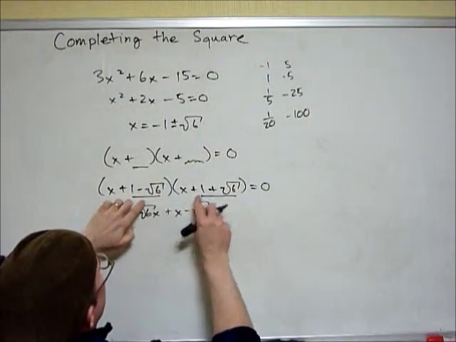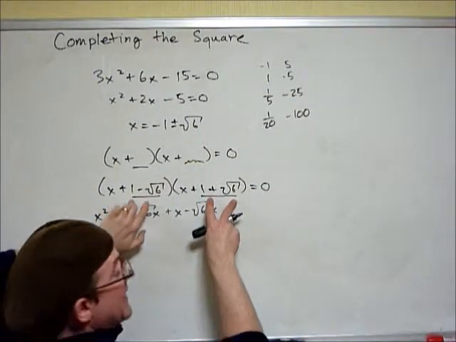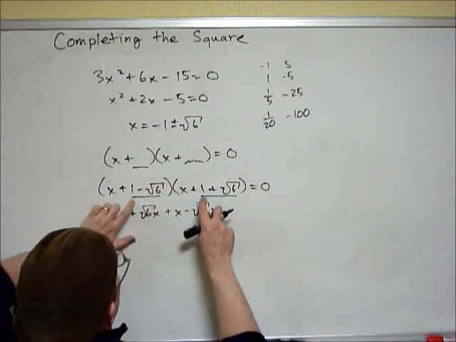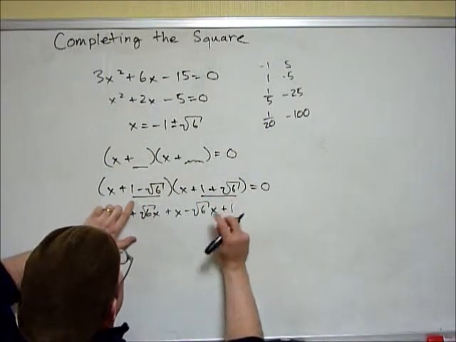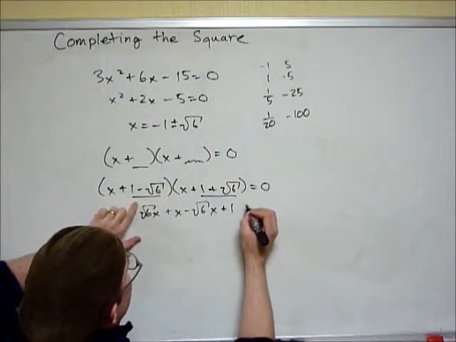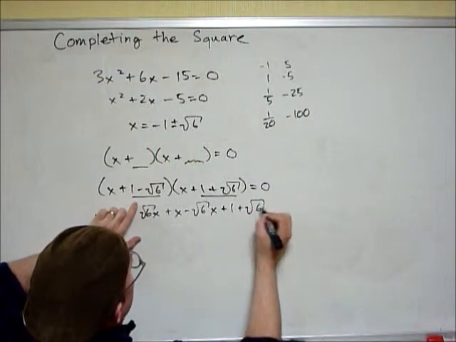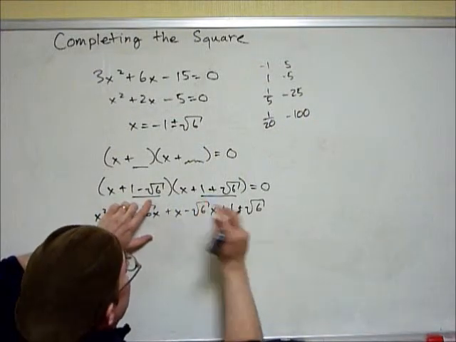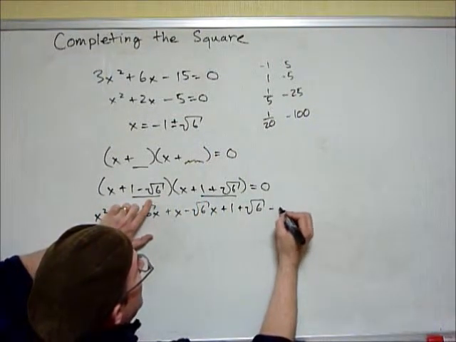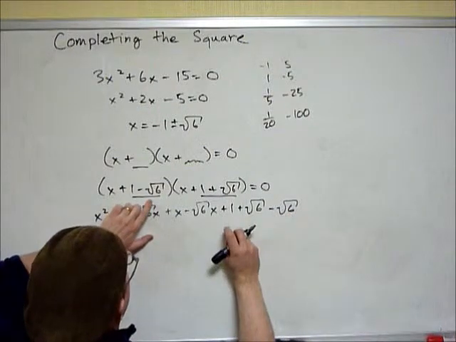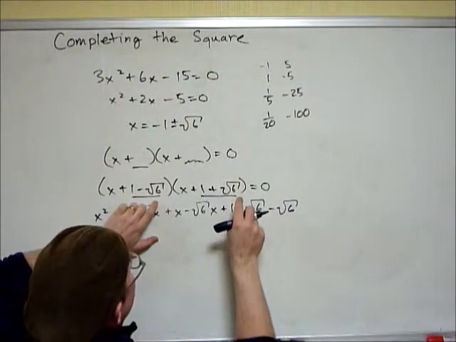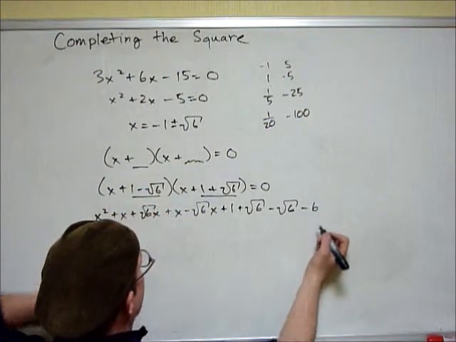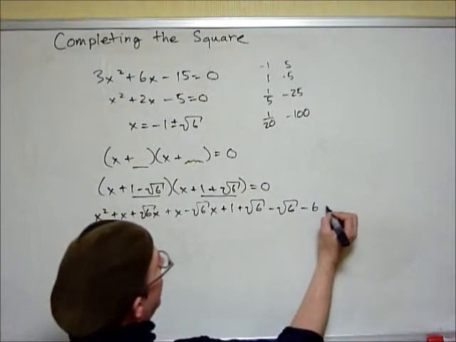That's our inside. And our last is yet another instance of foiling. So 1 times 1 is 1. 1 times square root of 6 is square root of 6. And 1 times negative square root of 6 is minus square root of 6. And then negative square root of 6 times the square root of 6 is negative 6. Okay? That's a long thing.